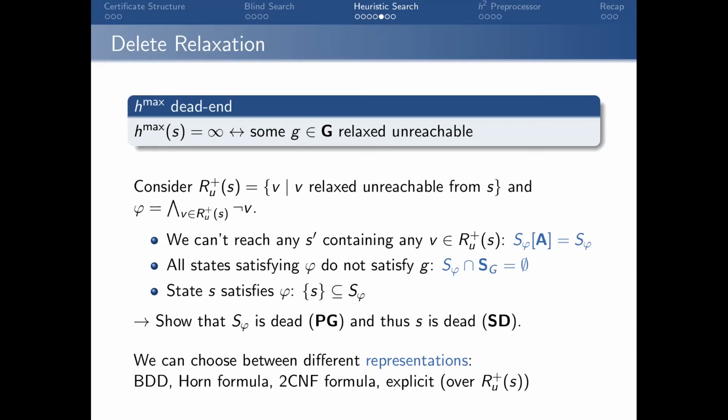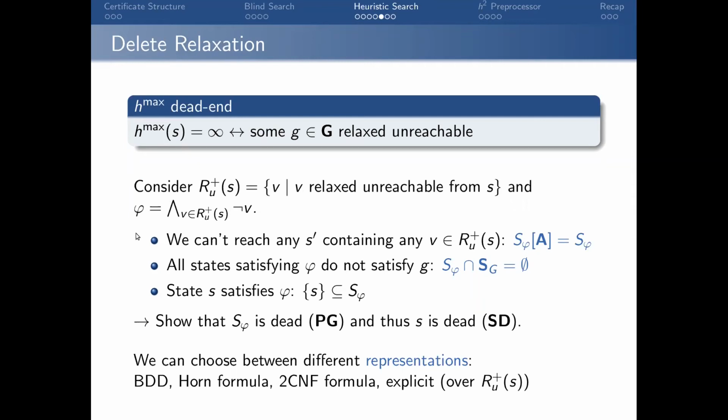So if a delete relaxation heuristic tells us something is a dead end, that means some goal fact is unreachable, or some goal variable is relaxed unreachable. Now, if we consider all the variables that are relaxed unreachable from this state S, this set R plus of S, all the variables that we cannot reach from S in the relaxation, then we can build a formula that basically tells us none of these variables is true.